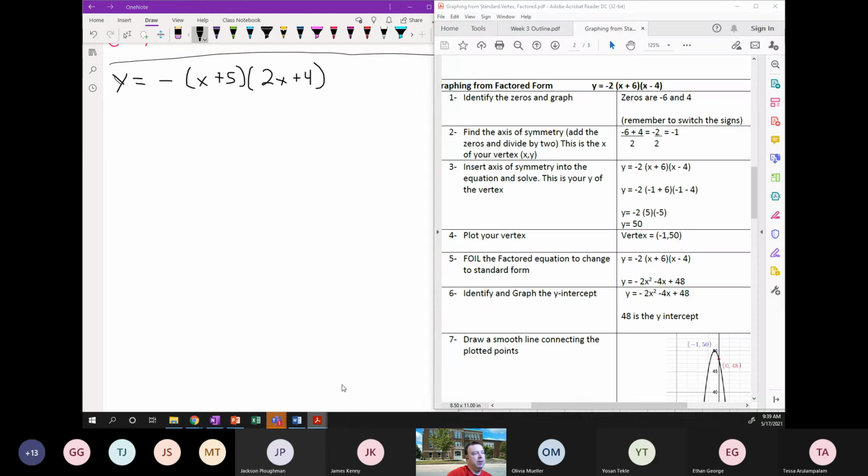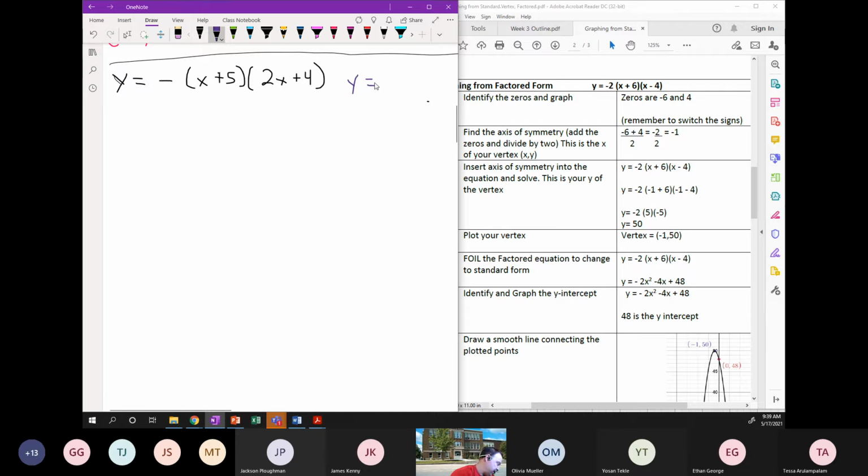Who can tell me what's different about this equation and the previous equation? What have I added or changed? Here's the other equation. I'll write down the other equation beside it. y equals (x minus 1)(x plus 3).